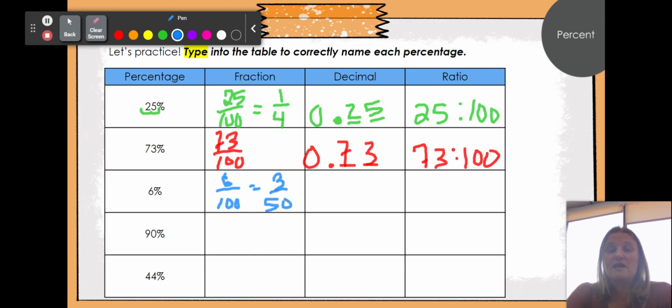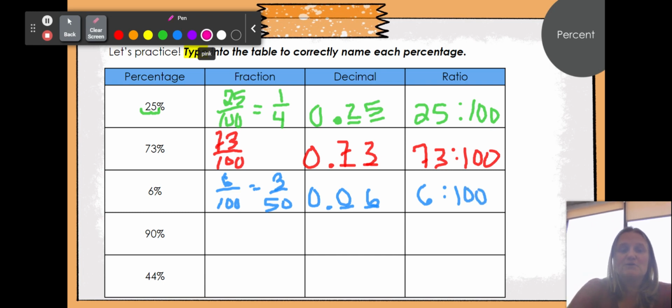Okay, so 6% would be equivalent to 3/50ths. But I also know it's 6 out of 100, so hundredths has 2 spots, and the 6 is going to go here. That's how it's written as a decimal, and as a ratio, 6 to 100.